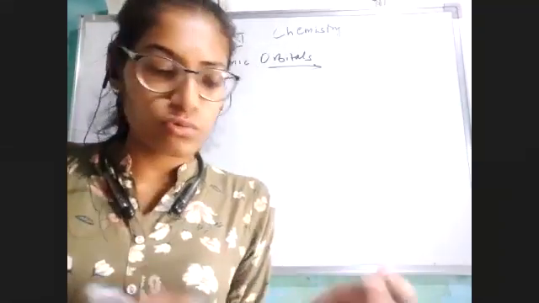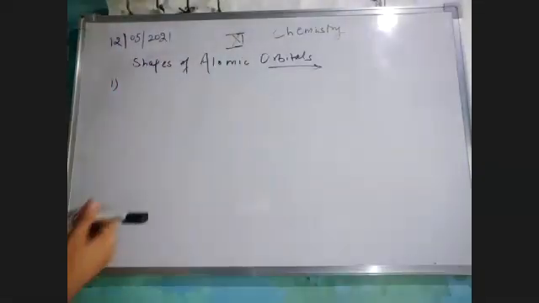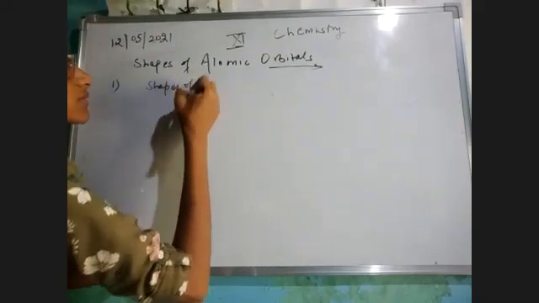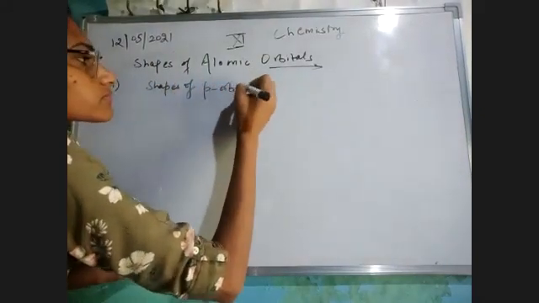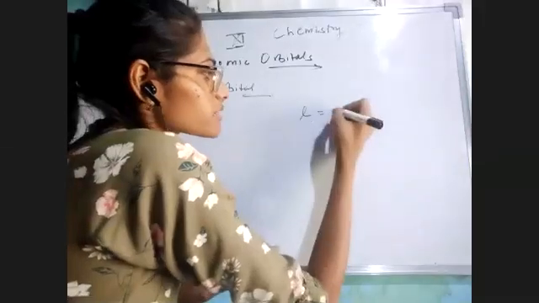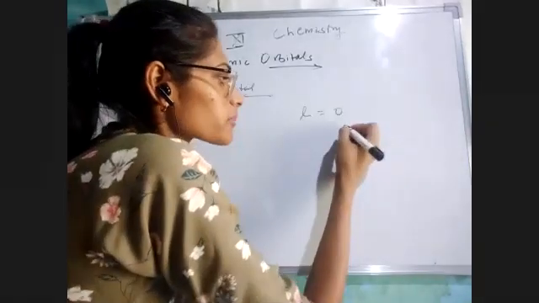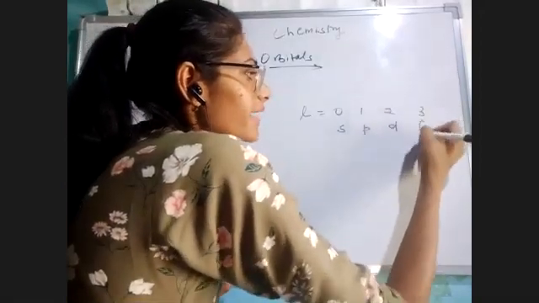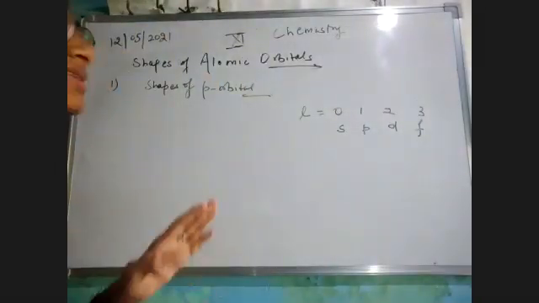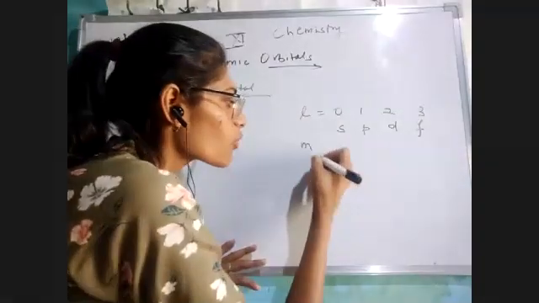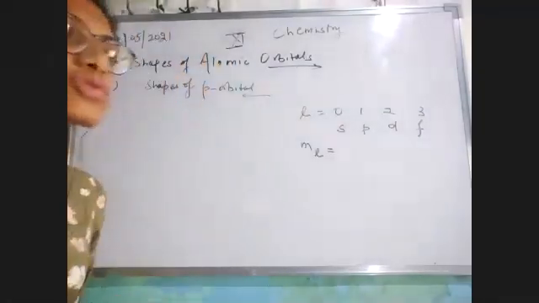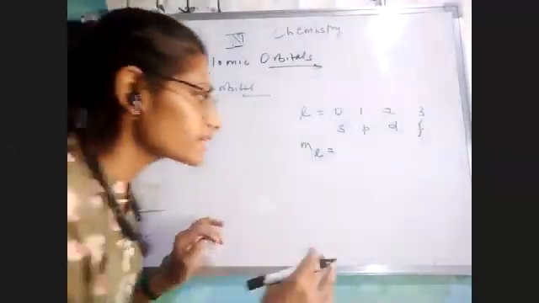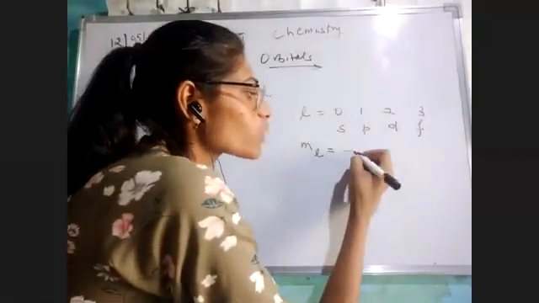Right? So what did we study there? If I'm talking about L, if it is 0 we are representing s, 1 p, 2 d, 3 f, and so on. Besides this, we studied that there is a quantum number ml, which is known as magnetic orbital quantum number.